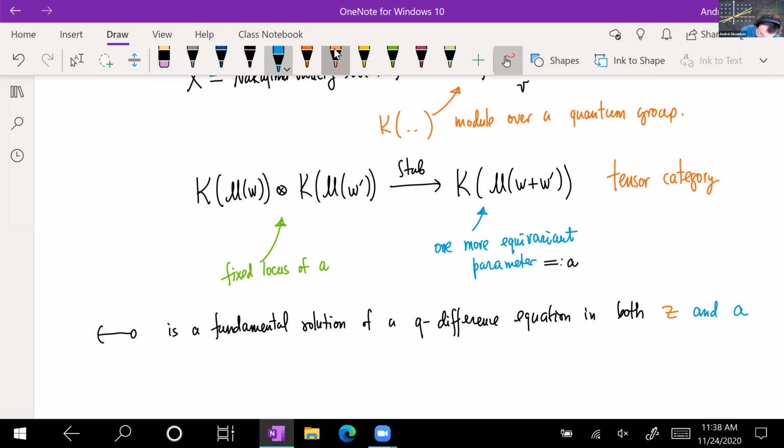In a, we determine what it is: in a, we know that this is the QKZ.